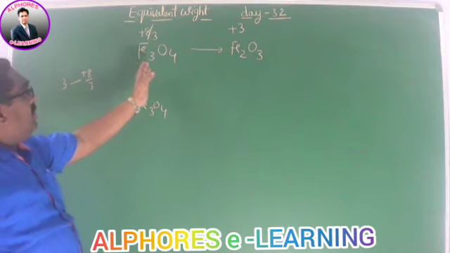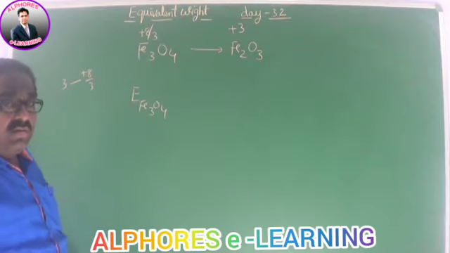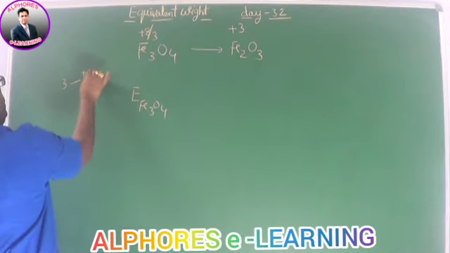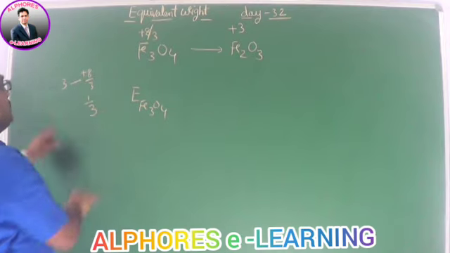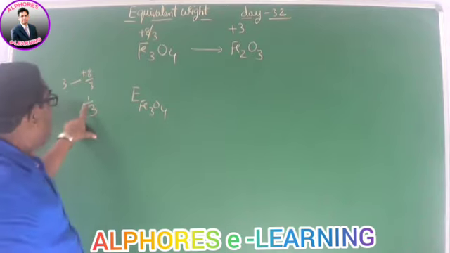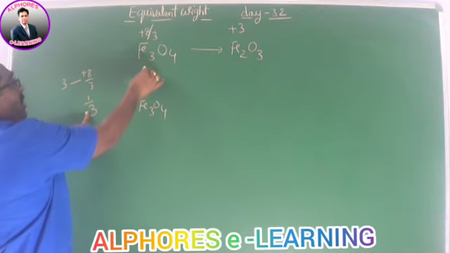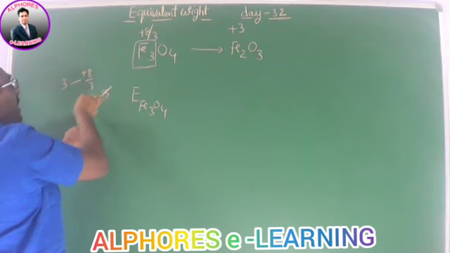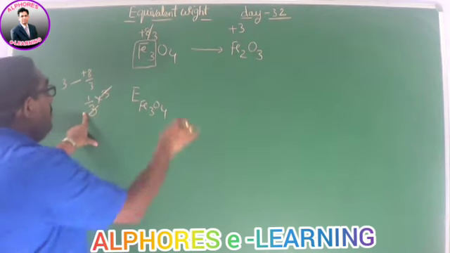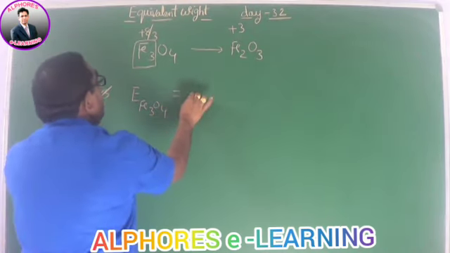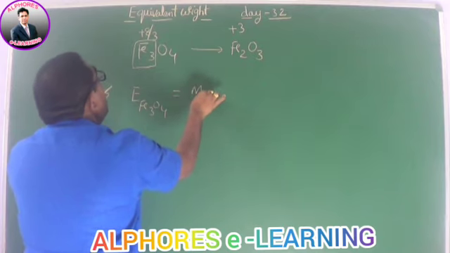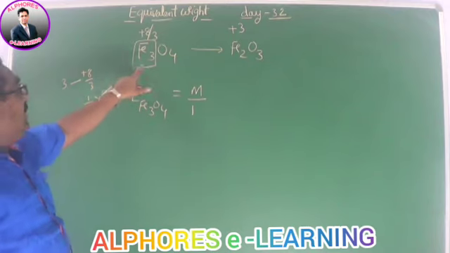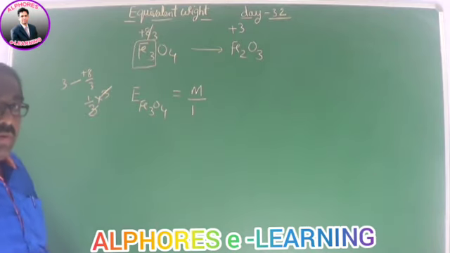That is no doubt oxidation, an increase in oxidation state. If you take this difference, it becomes 1/3. Concentrate here, students, 1/3 per one atom. But how many such iron atoms are there? 3. So 3 into 1/3 is 1. So equivalent mass is equal to molar mass divided by 1 in the case of Fe3O4.